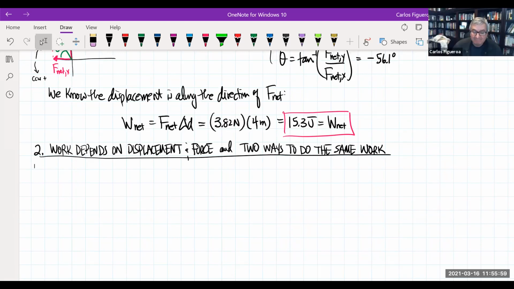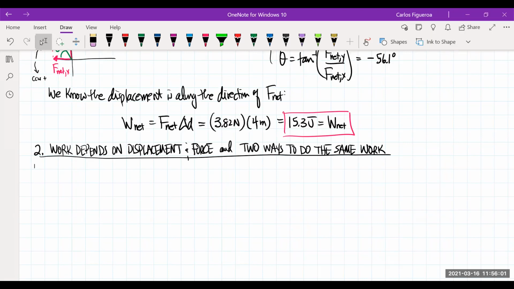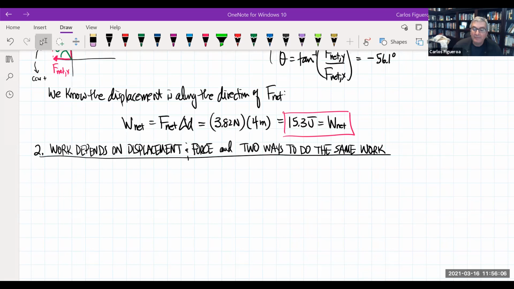So what I want to do here is come in and give you a very simplistic picture, and then I want to get way more technical. So the first thing is just a very, very simple picture on work.